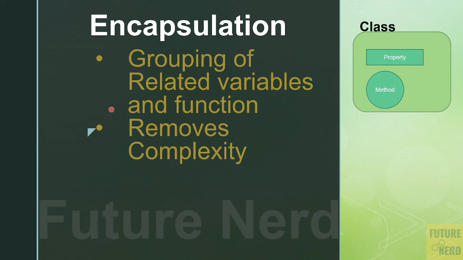So there comes encapsulation, which groups the related properties and the methods or functions related to that object. It encapsulates every property and method of that object to reuse it, and it removes complexity of the application as well.